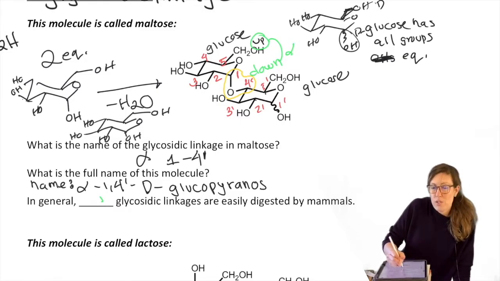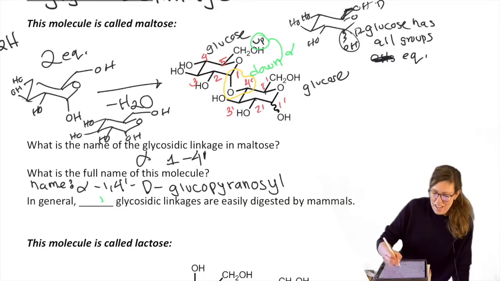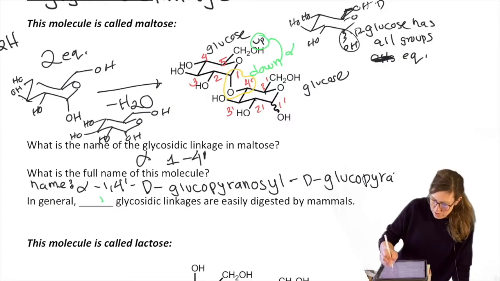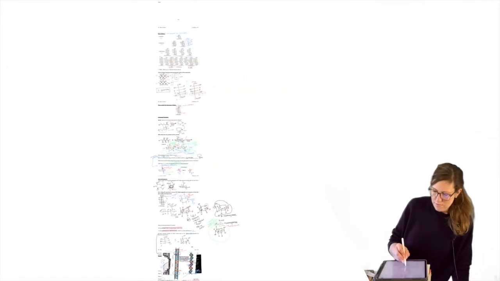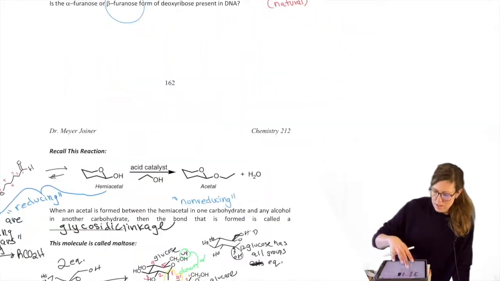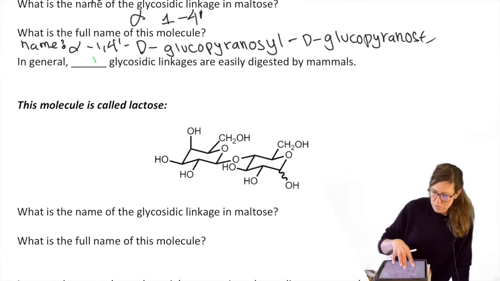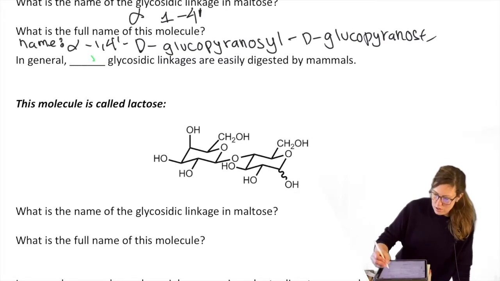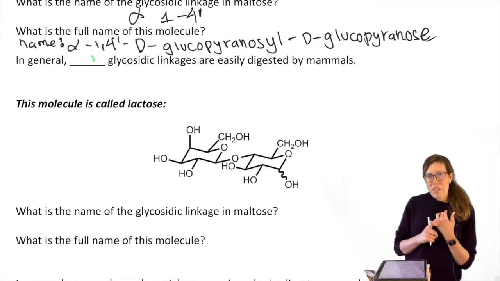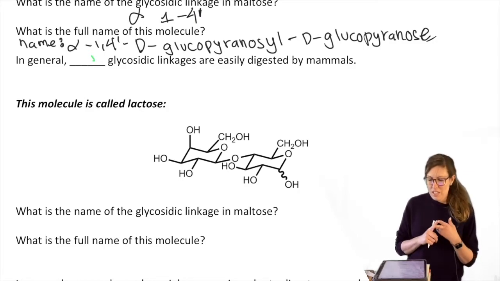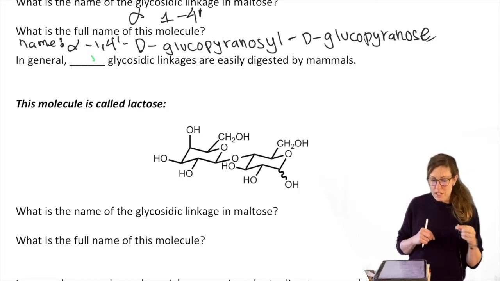Os, instead of os, it's going to be osil, because we always put il to indicate the substituent. And then we're going to let one be the parent, D-glucopyranose. So that was a mouthful. I'm going to move that up so we can see it in all its glory. There we go. So one glucopyranose is connected to another glucose, so we call that glucopyranosyl. They're both D. Alpha 1,4 is where they linked up.